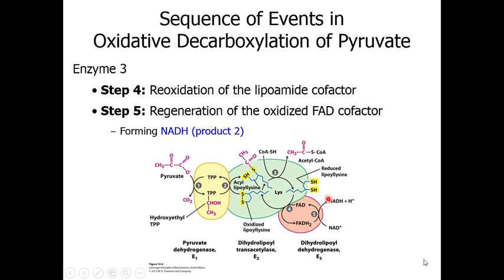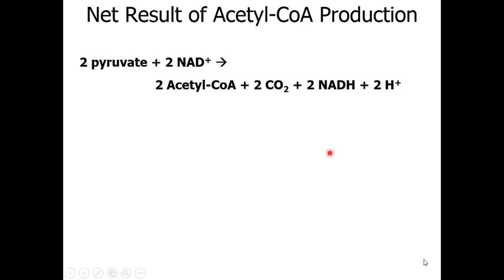So the net result of acetyl-CoA production is this. 2 pyruvate molecules react along with 2 NAD plus, resulting in 2 acetyl-CoA, 2 carbon dioxide, and 2 NADH molecules.